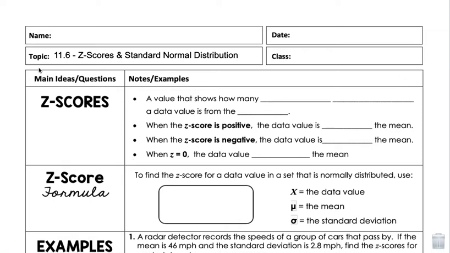Everyone, this video will be about 11.6 z-scores and standard normal distribution. So a z-score is a value that shows how many standard deviations a data value is from the mean.